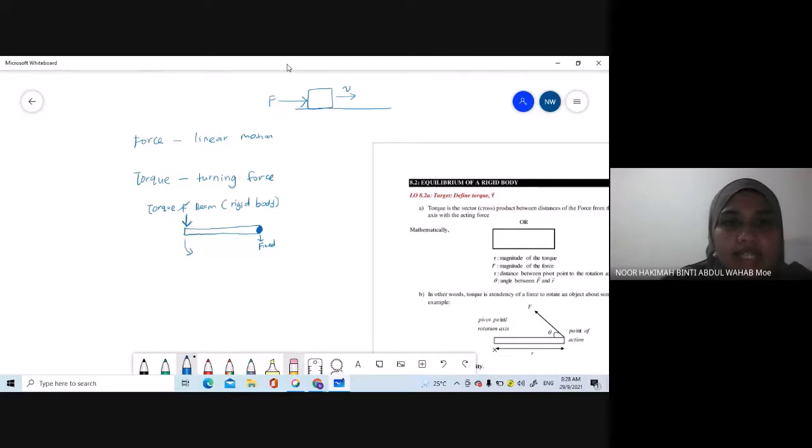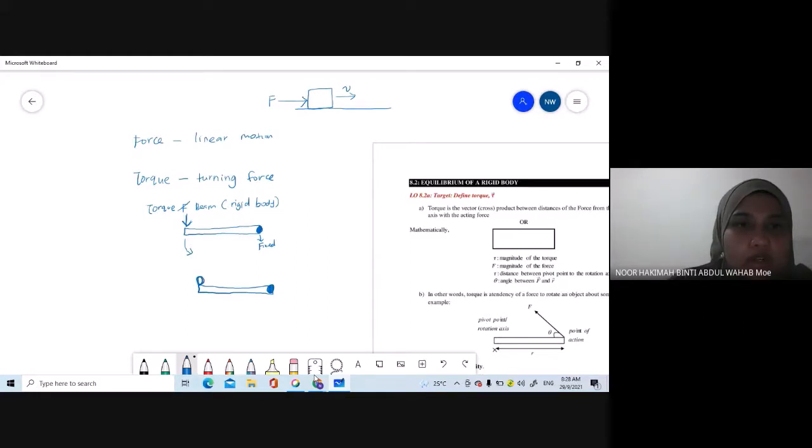For example, you have a door. If you notice your door, when you close it, it has a hinge. So the door is fixed at one point, which we call the hinge, if I'm not mistaken. And then this is the door knob.